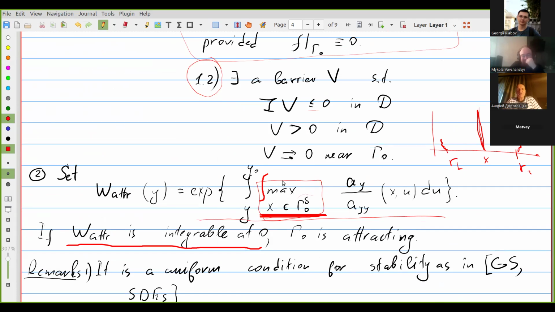But I also think that originally even the Khasminskii paper was based on this Wiener idea with capacity. Why not check this capacity, just to have some rings near zero and check how fast we reach every ring?